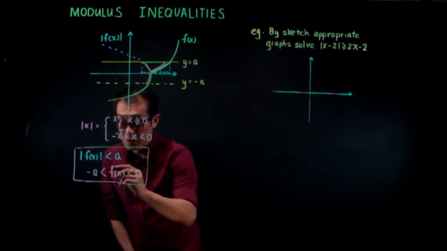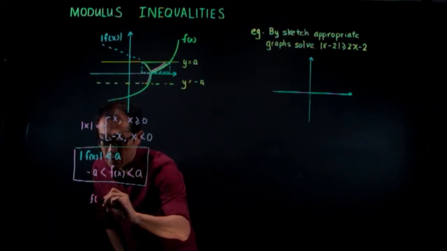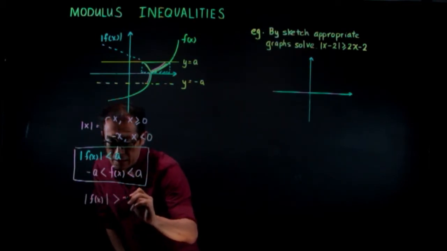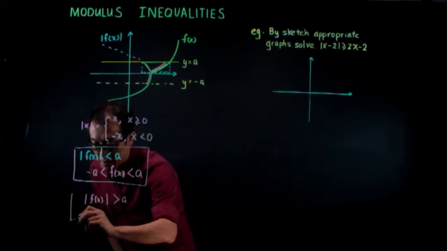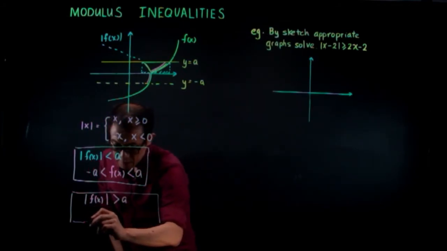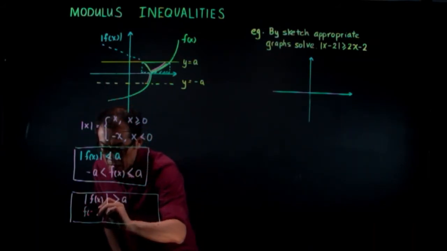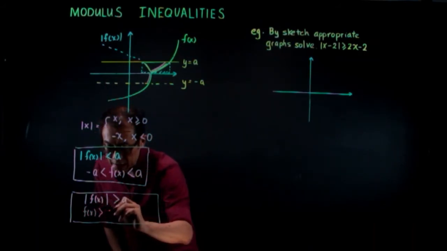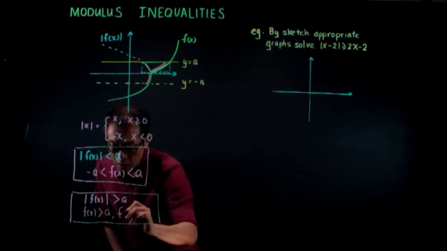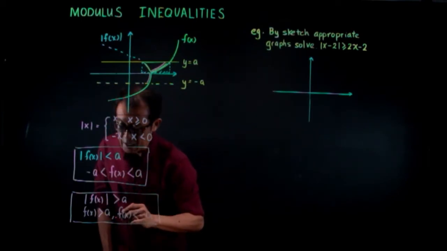Now, what is mod f of x is greater than a? What does it mean? Now, this one means f of x is greater than a, or f of x is smaller than minus a.